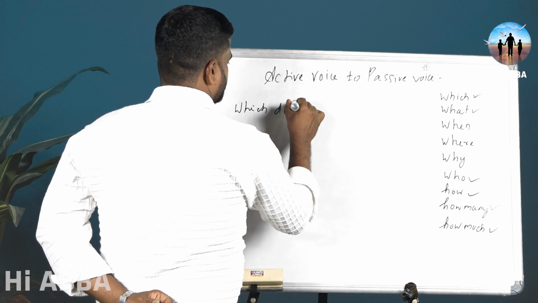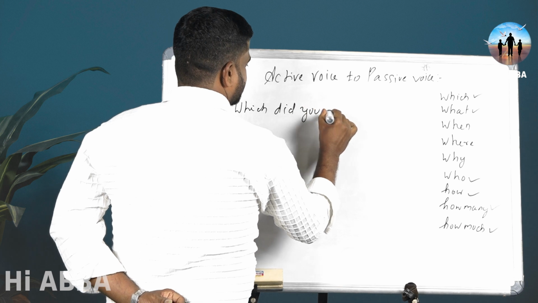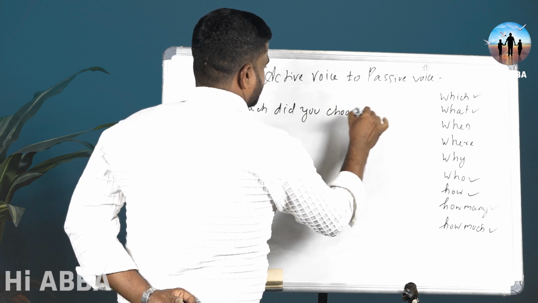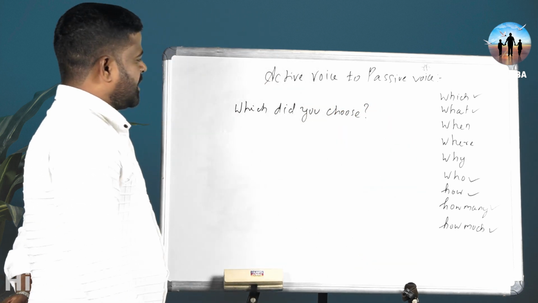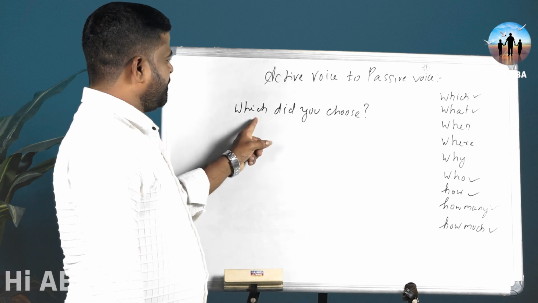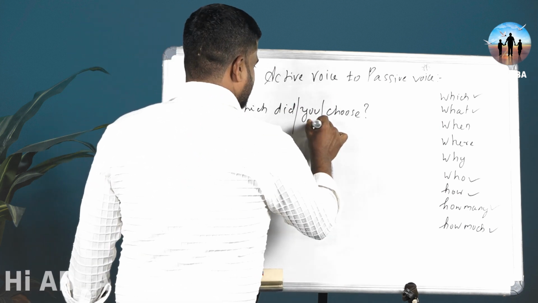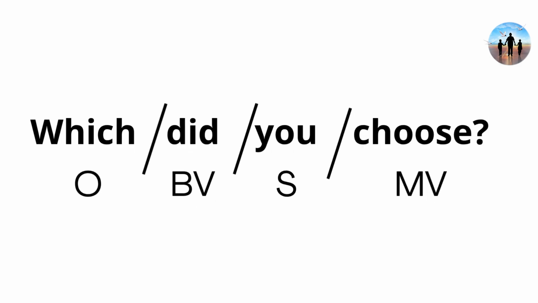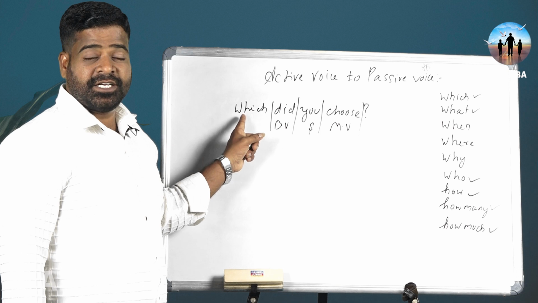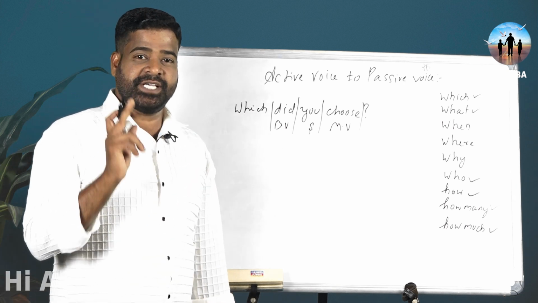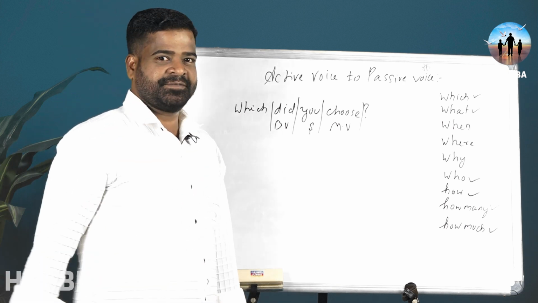Which did you choose? Now look at the sentence, my dear students. Which did you choose? Now we know you is the subject, this is the be form verb, and this is the main verb. Now that WH question is the object, please understand.